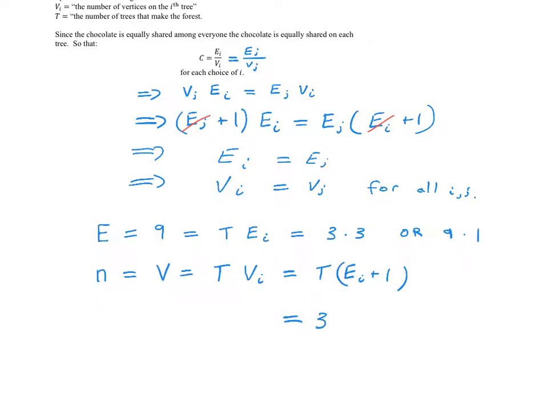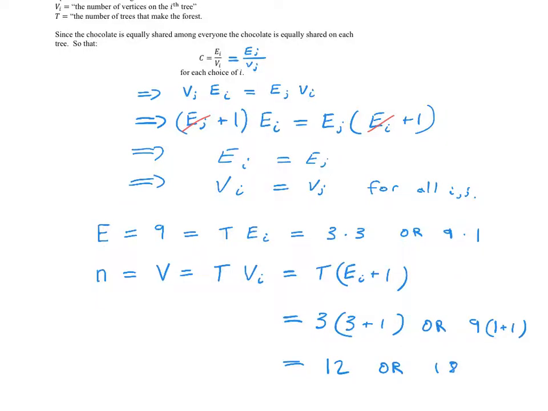When it's 3, the e sub I is also 3. And the other possibility, the or side of things, we could have capital T being 9 and the e sub I being 1. So we get 1 plus 1 inside of the brackets. So our end result is that we either have 3 times 4, which is 12, or 9 times 2, which is 18.